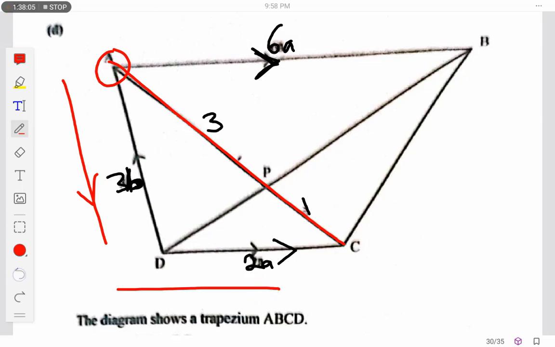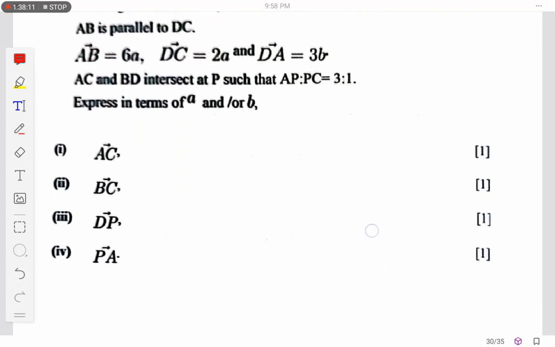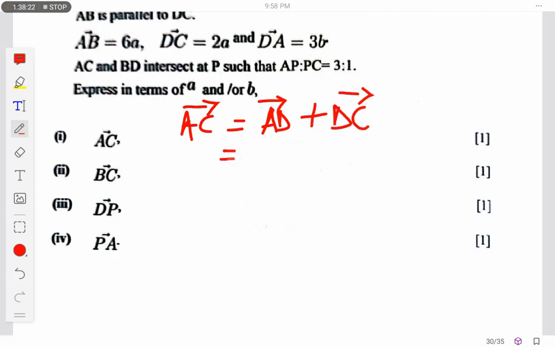Writing our AC, AC is going to be equal to AD plus DC, of which AD is going to be negative, so it will be minus 3b, then plus DC, which is 2a. So this is our vector AC.